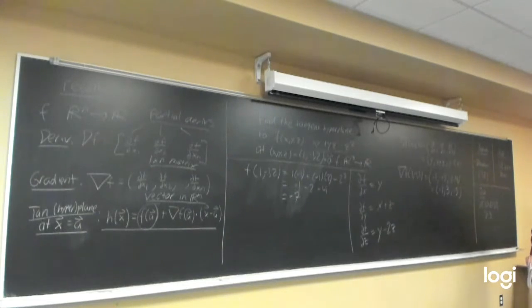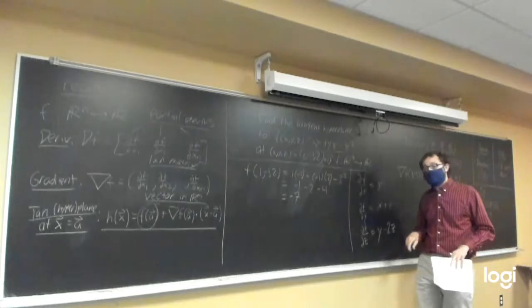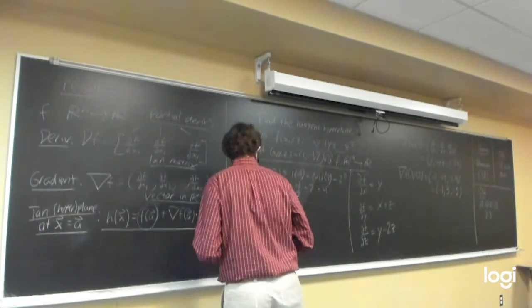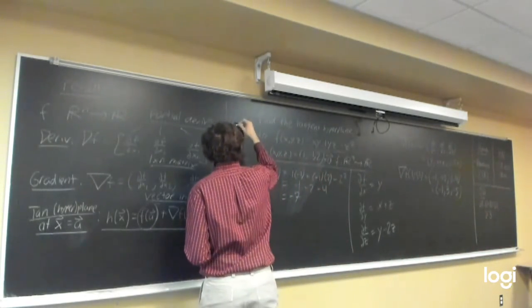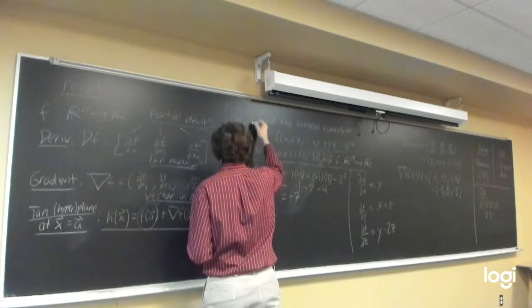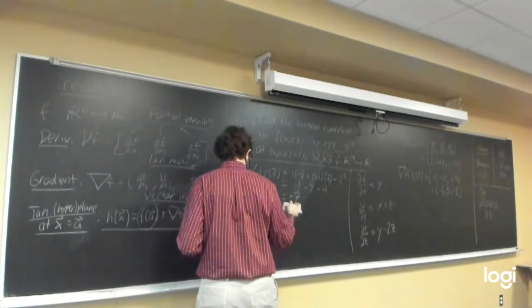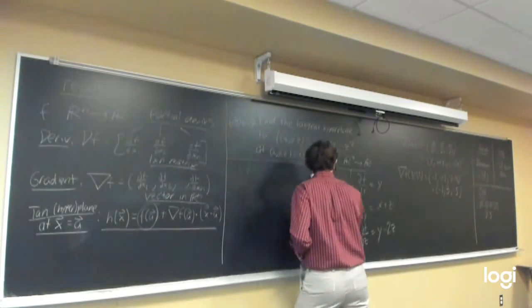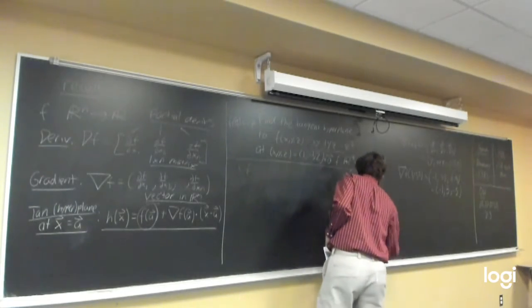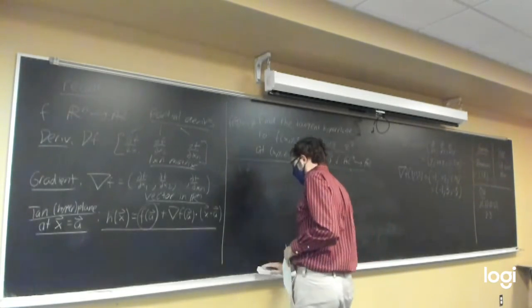And now we can plug all of these into our tangent plane equation and see what we come up with. So I'm just going to write up here f of a equals negative 7. So we have it. And now we plug all of that in.